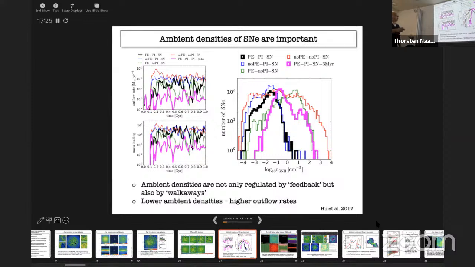So I highlight two simulations, a fiducial simulation and the one where we explode every star after 3 megayears. The fiducial simulation peaks at 10^-2 or 10^-1. This means that a typical supernova, even though we form stars at 10^3 particles, typical supernova explodes at 10^-1.